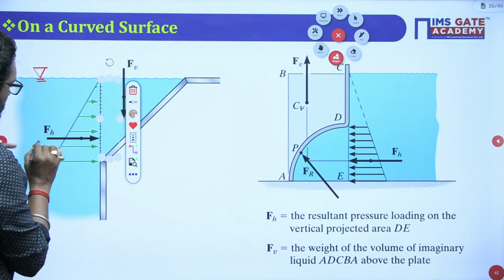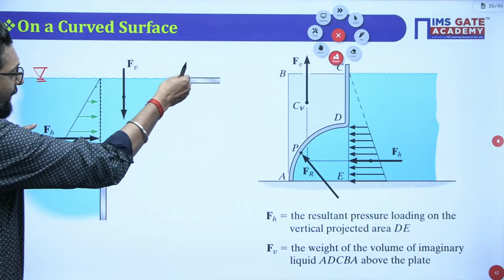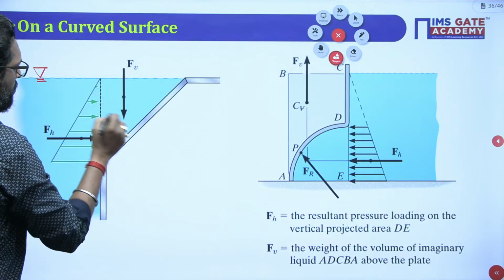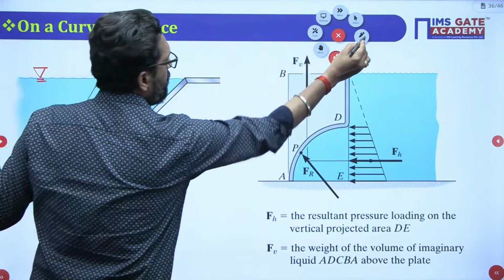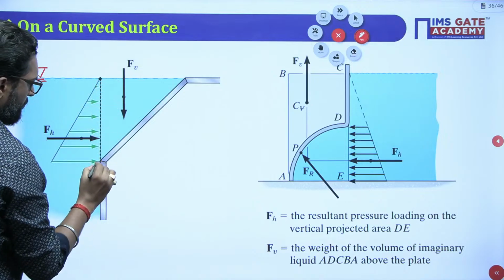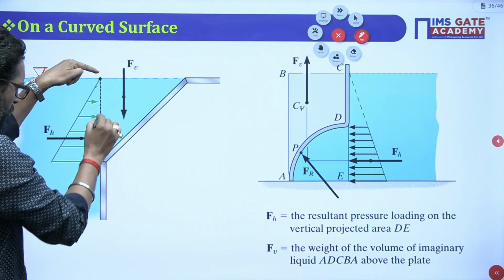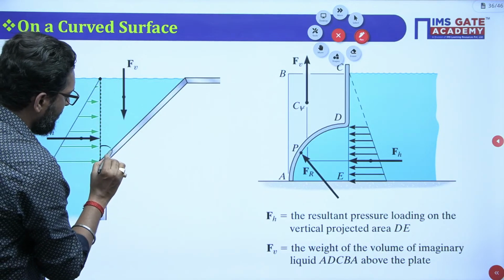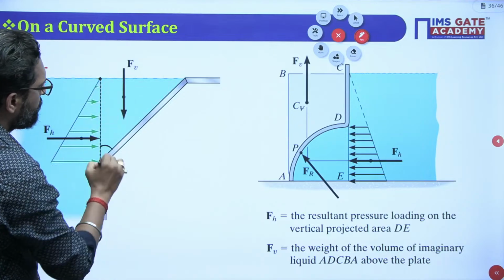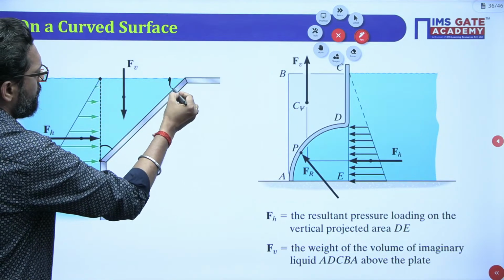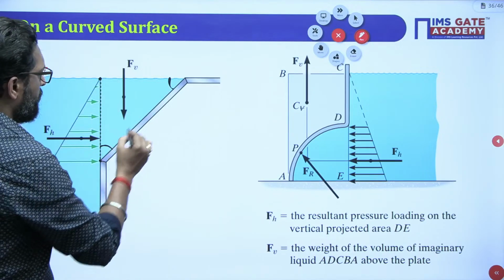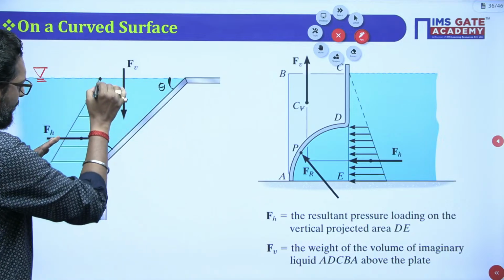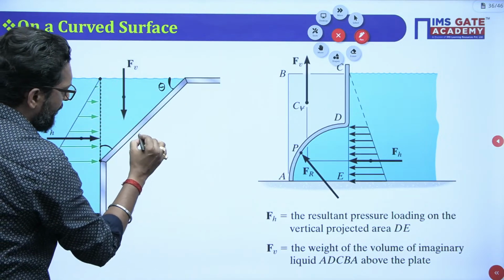If you find the horizontal force, take the vertical projection of this surface, measured from the free surface. Here the angle theta value is given, so you can easily calculate this. Let's suppose this length L is given.